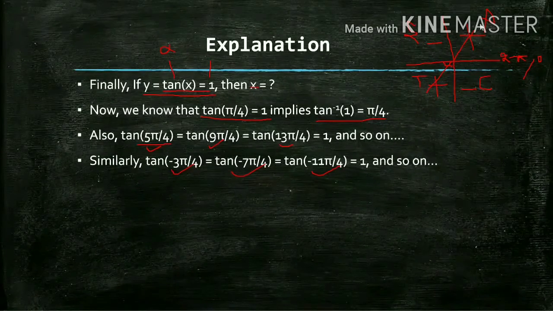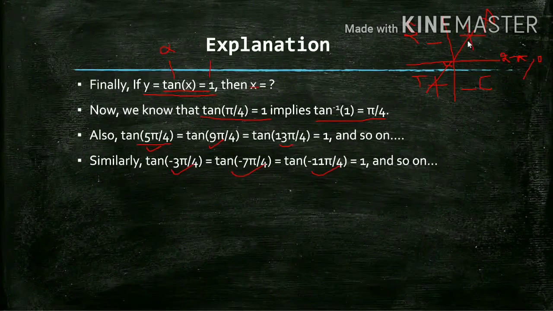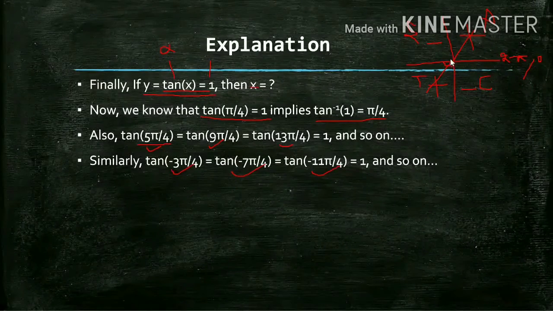So for the negative ones, I have this as 0. One angle is pi by 4. Another I will get over here. Now on moving down in the clockwise direction, I would be having the negative angles. So it would be 0, then minus pi by 4, minus 2 pi by 4, and minus 3 pi by 4, which is this.